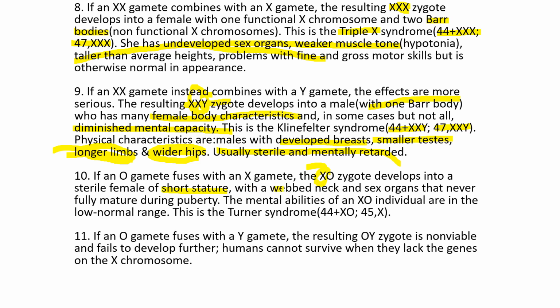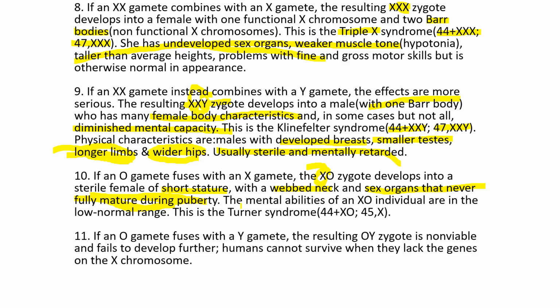And then webbed neck, how do you pronounce this? Web neck. And then sex organs that never fully mature during puberty, or we can simply say immature sex organs. And their mental abilities are also in the low normal range.